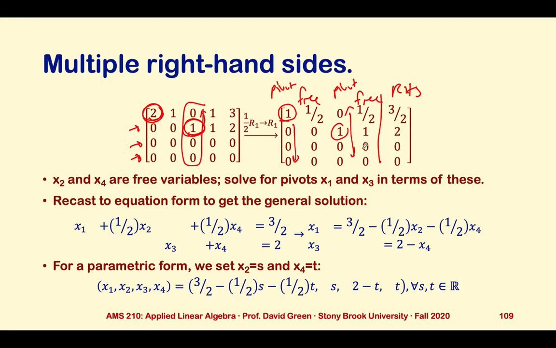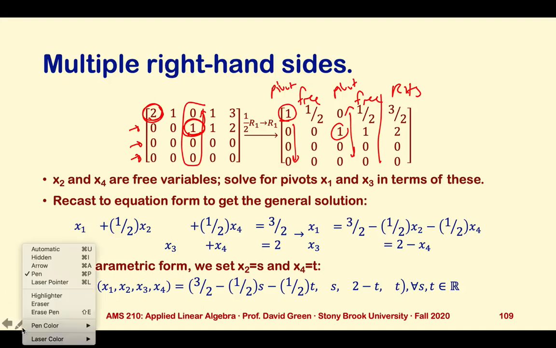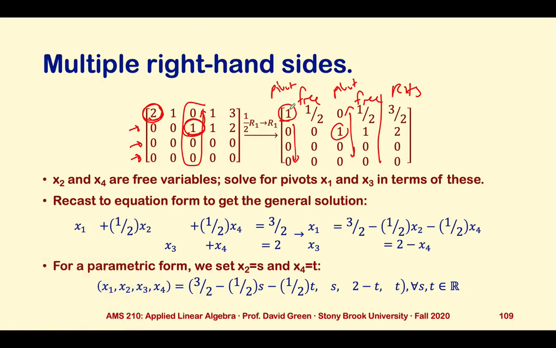We recast from the reduced row echelon form into equation form. What does this first row read? This first row reads x1 plus half x2 plus 0x3, so nothing, plus half x4 equals 3/2.